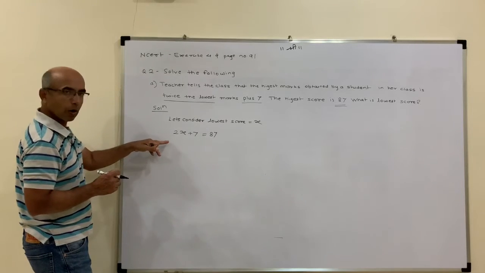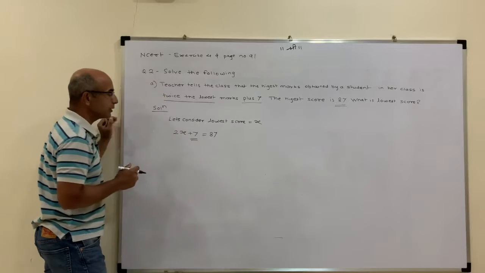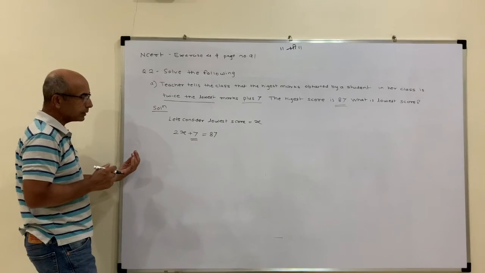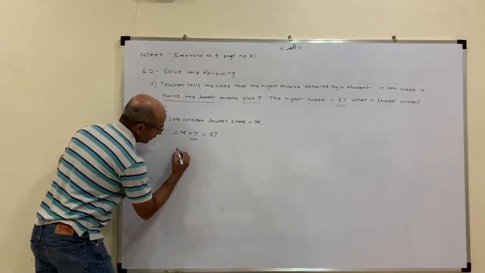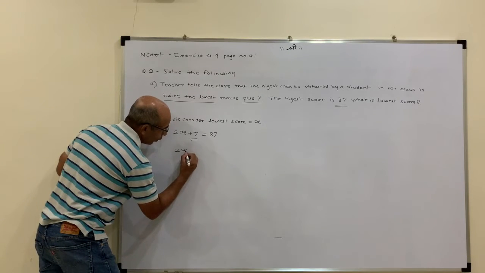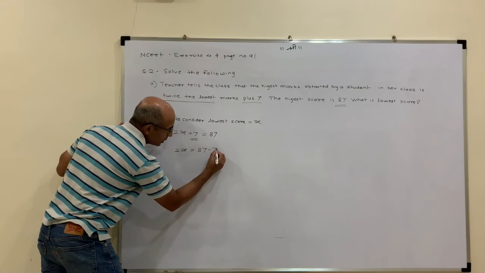Now I am going to solve this equation. This plus 7, which is added on the left hand side, I am going to transpose onto the right hand side. So my next step will be 2x equals 87 minus 7.